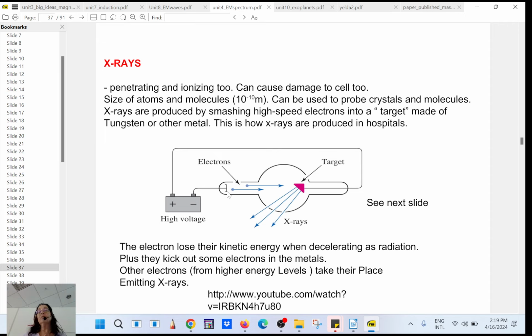All that electrical energy turns into kinetic energy for the electron, and here they're going to crash into a heavy metal target, and all that kinetic energy is going to turn into X-rays. By changing the voltage here, you can change what type of X-ray you want, right? Is it for the dentist, or is it for the bones or experiments? So you can have soft X-ray, hard X-ray, depending on the voltage.